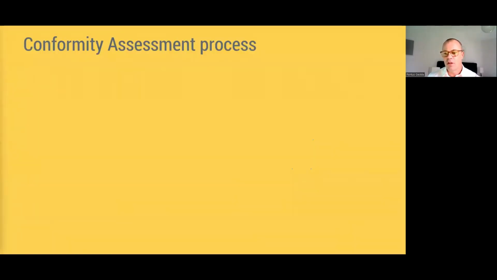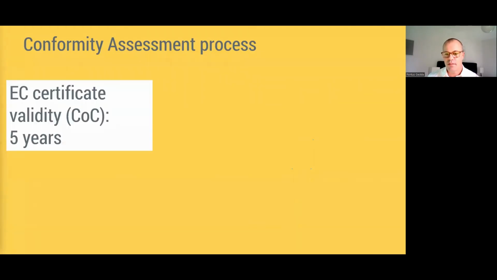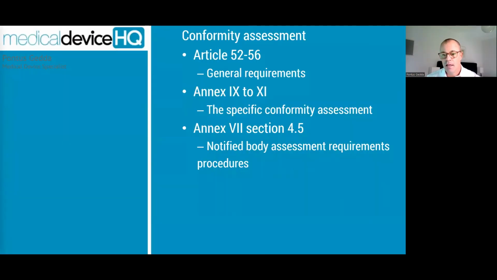So here we are now, the conformity assessment process. As you might already understand, the purpose of the conformity assessment is to get an EC certificate or a CoC, certificate of conformance. And the maximum validity or length of a notified body certificate is 5 years according to MDR, meaning that the normal conformity assessment cycle is also 5 years.